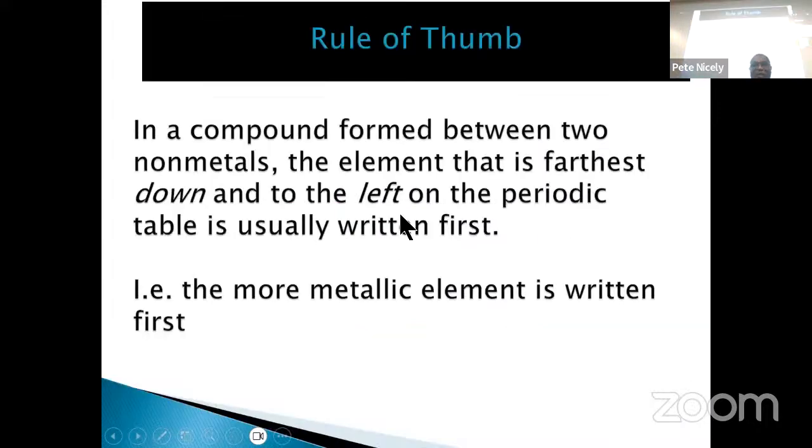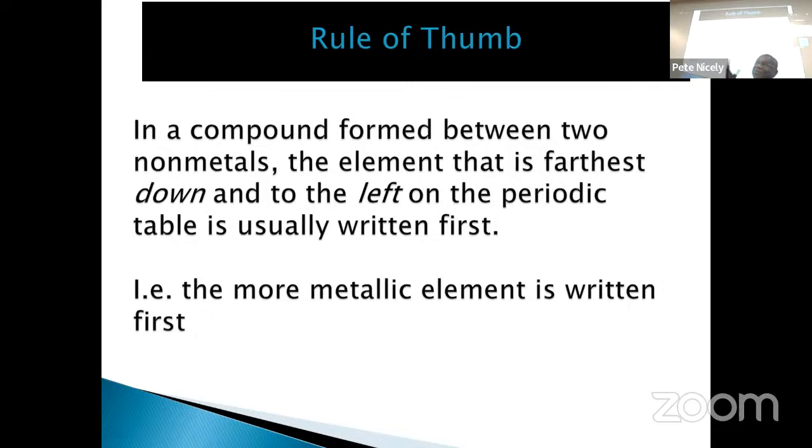So here's a rule of thumb when it comes to naming these compounds. Well, one rule of thumb, right? Whenever you have 2 nonmetallic elements combining with each other, in terms of the name and the formula, the one that is furthest down and to the left of the periodic table is named first, all right?